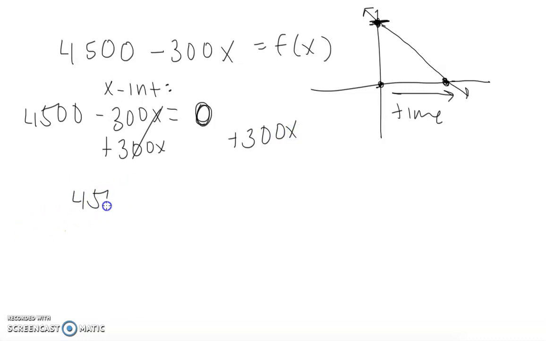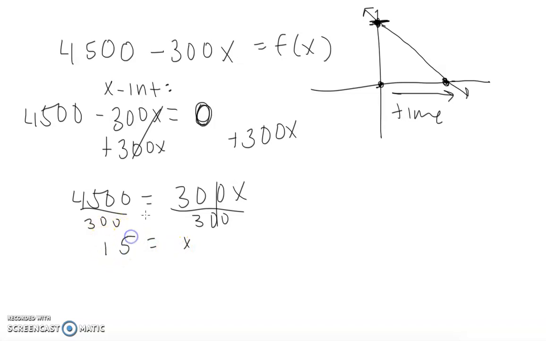Now, all you're going to do is divide by 300 so that x can equal 15. Okay, so this is the x-intercept, so that means it took 15 minutes for the tram to reach the peak.